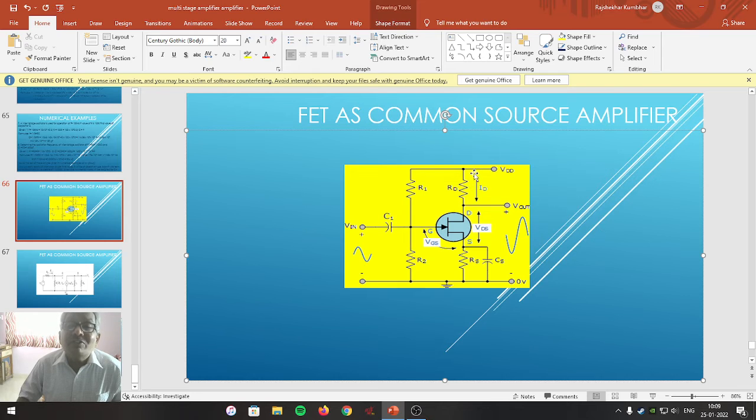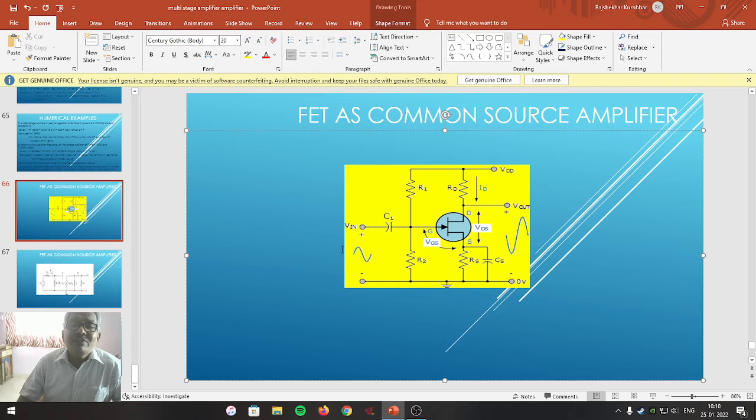This produces a voltage drop across Rd, that is the drain resistance, which changes the drain voltage. The input and output voltages are out of phase by 180 degrees with each other.